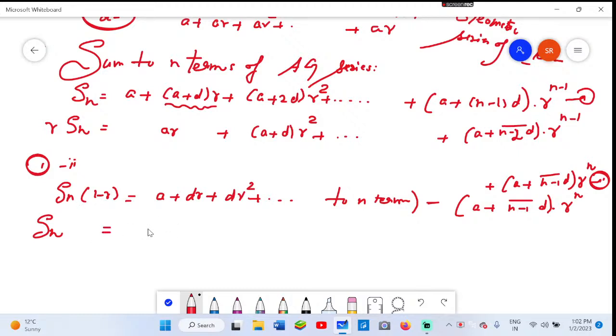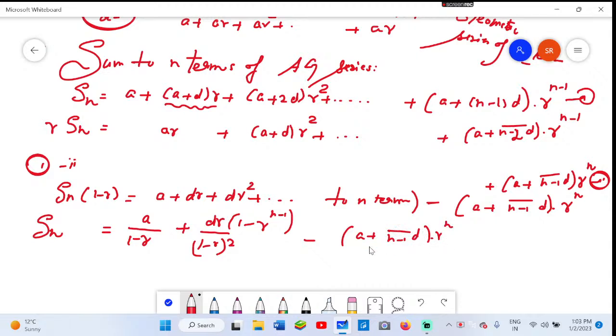So this becomes a upon 1 minus r, I am dividing both sides by 1 minus r, plus dr upon (1 minus r) square, and here inside comes 1 minus r raised to power n minus 1, and last of all here comes (a plus (n minus 1) into d) into r raised to power n upon 1 minus r.